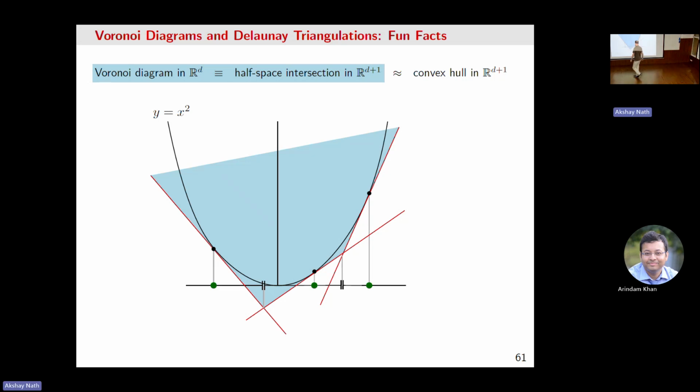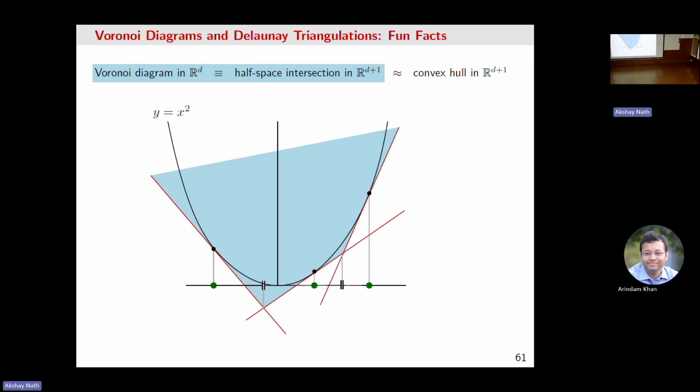Here I have a set of points in 1D. Its Voronoi diagram: the Voronoi cell of this point is from minus infinity to here. This is midway between these two points. The Voronoi cell of this guy is from here to midway between these two points.